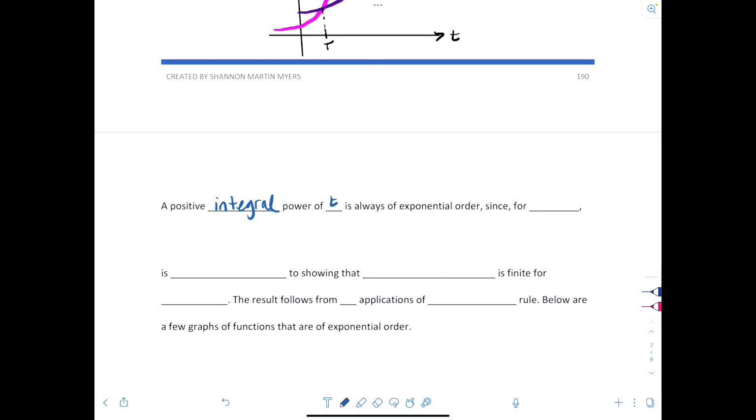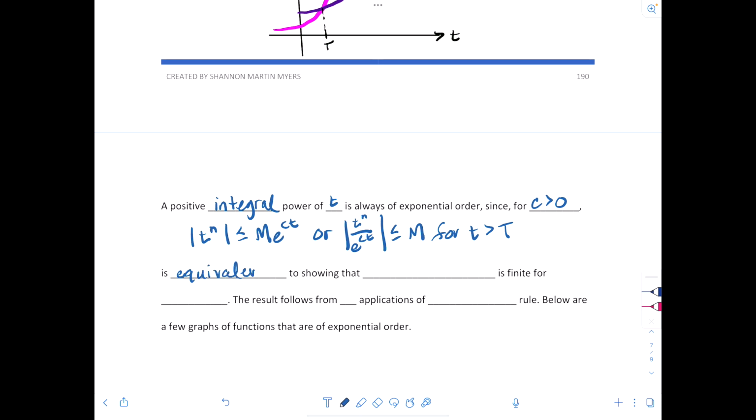All right, so a positive integral power of t is always of exponential order, since for c greater than 0, absolute t to the n is less than or equal to m e to the ct, or isolating m, you would have absolute t to the n over e to the ct is less than or equal to m for t greater than capital T. This is equivalent to showing that the limit as t approaches infinity of t to the n over e to the ct is finite for n equal to 1, 2, 3, and so on.